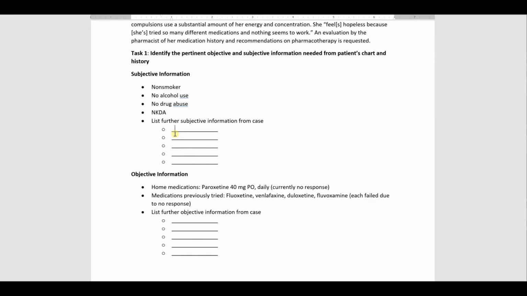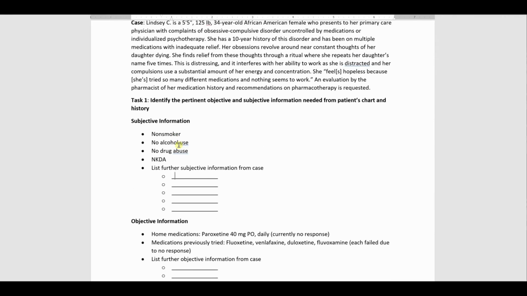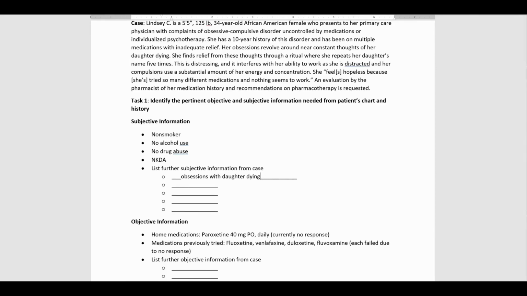So what are some other ones from the case that you could probably put in subjective information? Some of them could say she has obsessions with her daughter dying. And along with that, her compulsion to quell the anxiety from that obsession is to repeat her daughter's name 5 times.